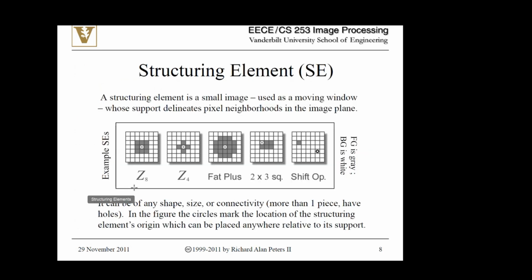Then we will define something that is called the structuring element. The structuring element is kind of a vector. You can think of it as a vector. It will have an origin, and then it will have some values that belong to the foreground and some values that belong to the background.